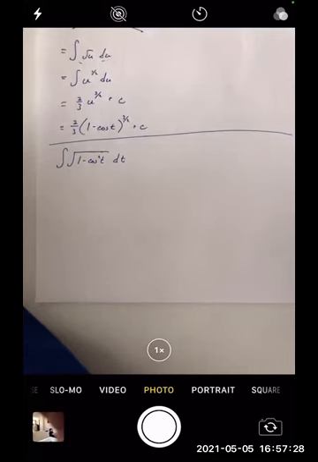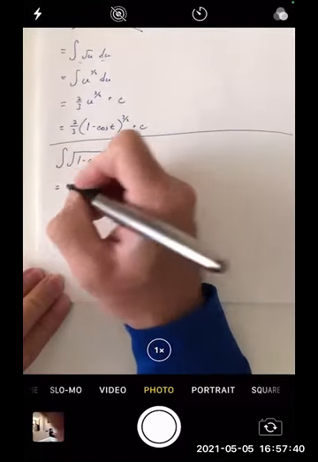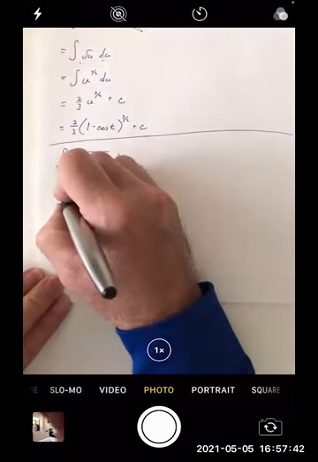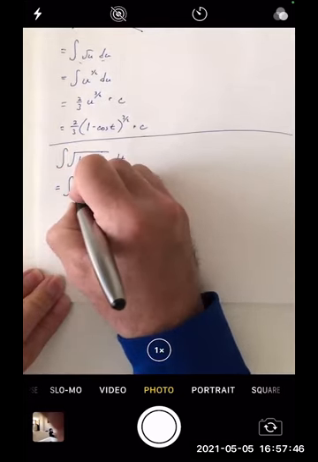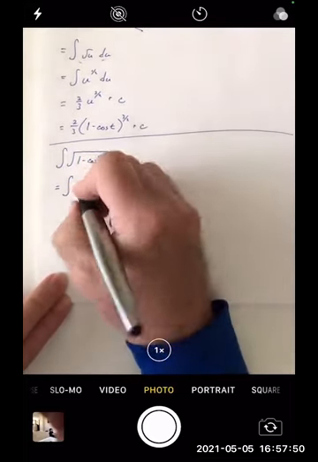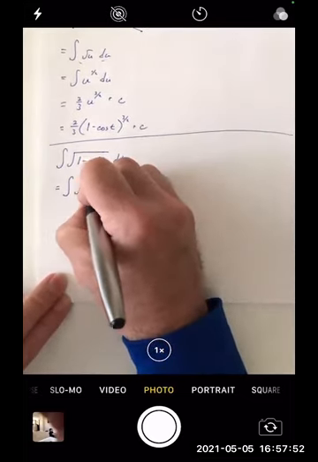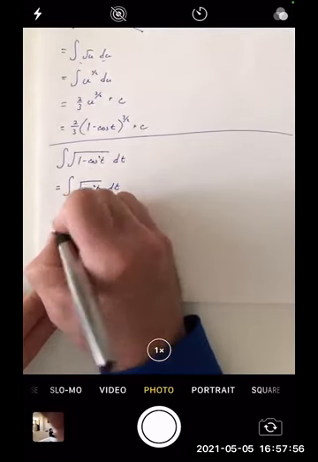Would you use the Pythagorean theorem? Yes. Yeah, because 1 minus cosine squared, what does that equal? Sine squared. Yeah. And then you can root the square.